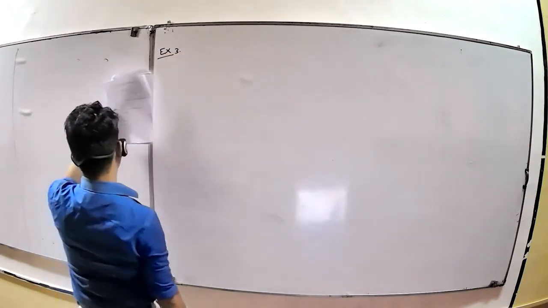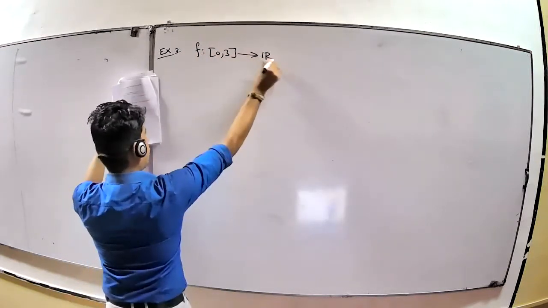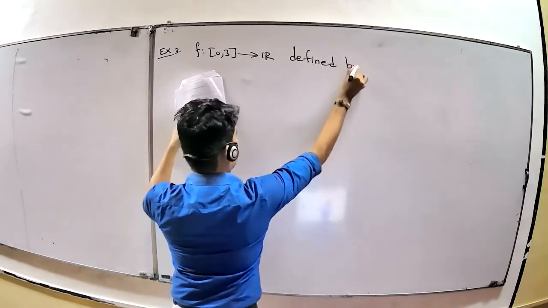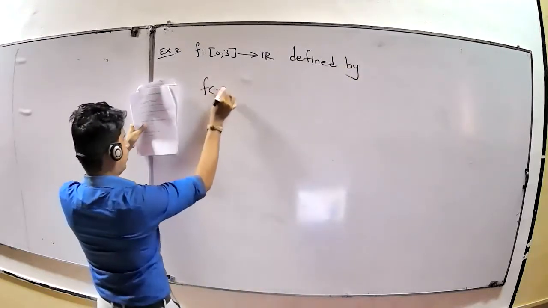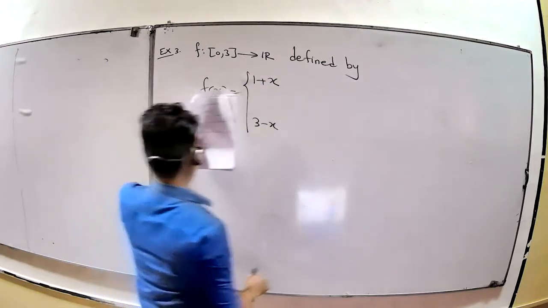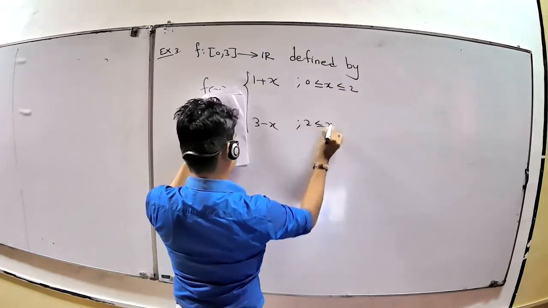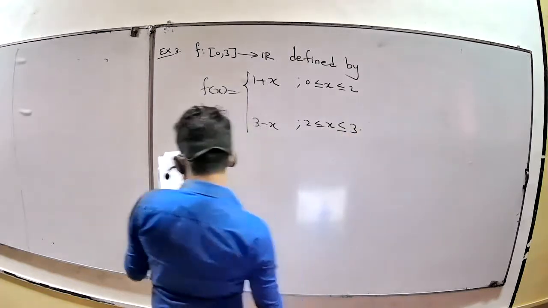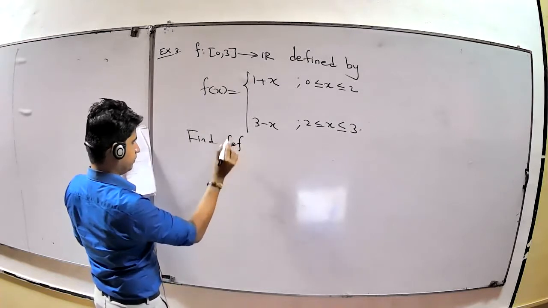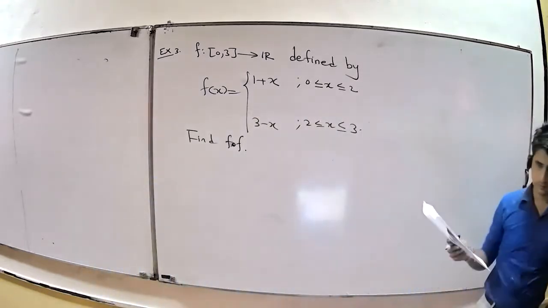Here your function is defined from the interval 0 to 3 to the real numbers by f of x equals 1 plus x for 0 less than or equal to x less than or equal to 2, and 3 minus x for 2 less than x less than or equal to 3. You want to find f composition f.